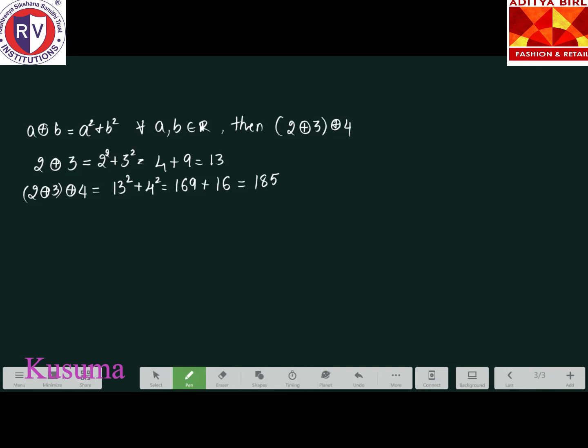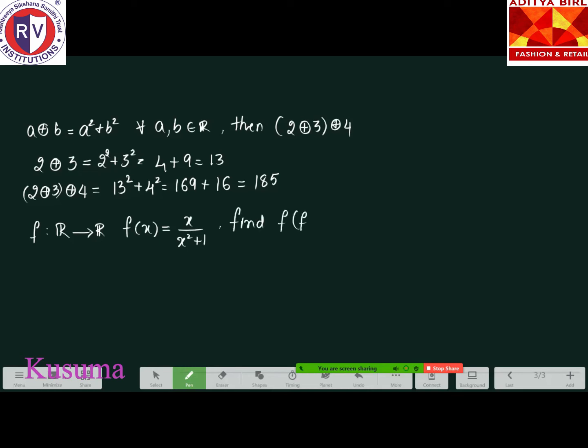Let us see the next question. If f from R to R is defined by f of x equals x by x square plus 1, find f of f of 2.